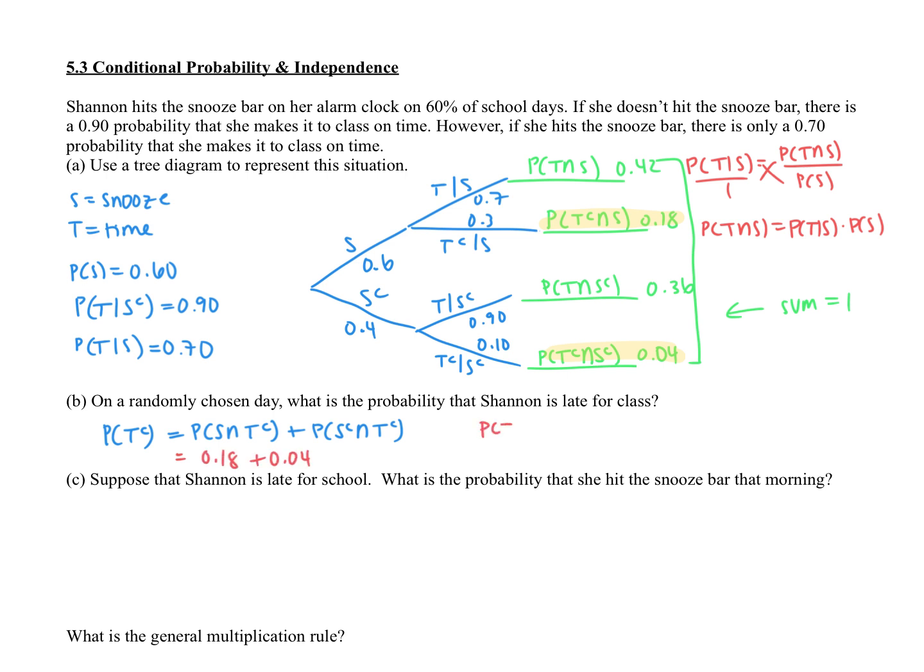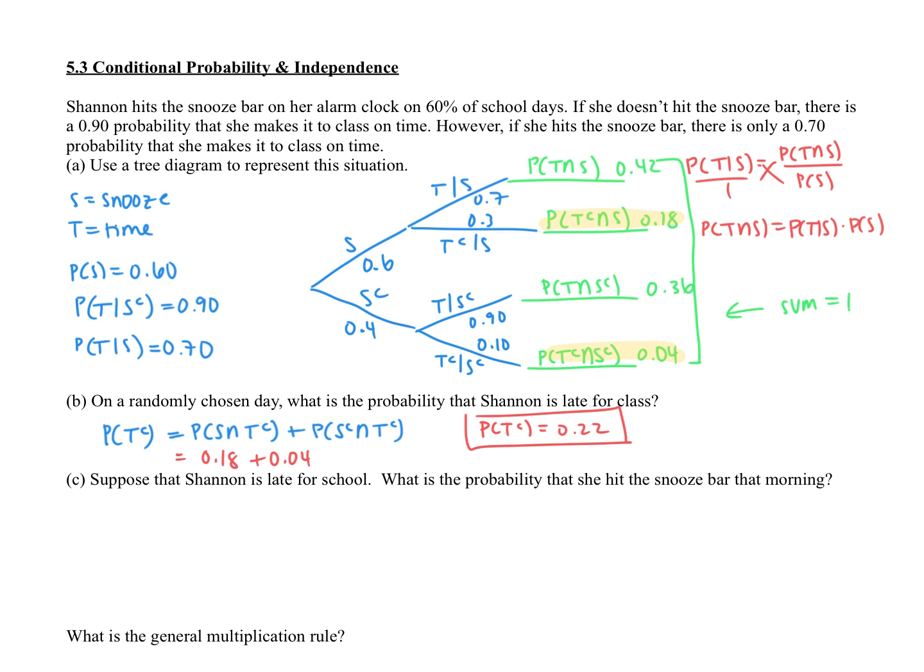So my probability of T complement then is 0.22. So what does this tell us? 22% of the time, Shannon is late to class. We okay before we do part C?